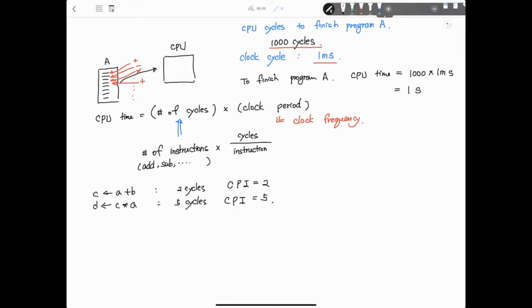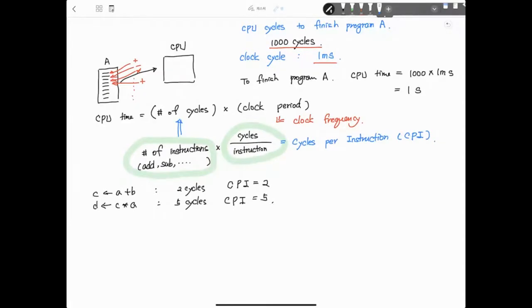So the number of cycles depends on the number of instructions needed to complete program A, and also on the cycles per instruction. Briefly, we call this CPI.